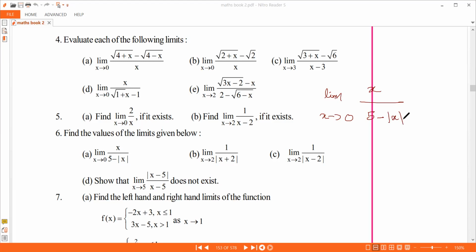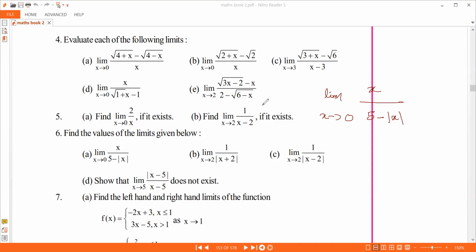So these kinds of things are a little bit typical while solving. For such limits, we have to solve the right hand limit as well as the left hand limit, and then we have to see whether we are getting the same answer for both. But anyway, this is not a big issue. You will get the same answer, 0, no problem.